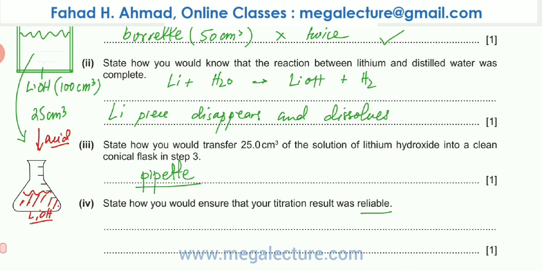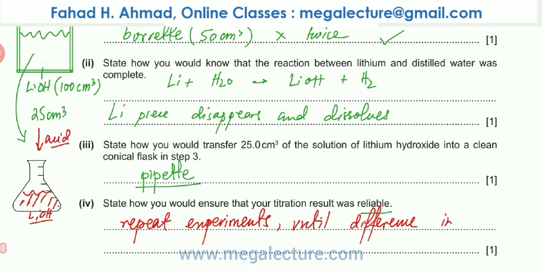So what you're going to do is repeat the experiments until you keep getting the same value or close to the same value over and over again. So until the difference in your burette readings is 0.1 cm3. That means your values are repeatable, and that means your data is quite reliable.